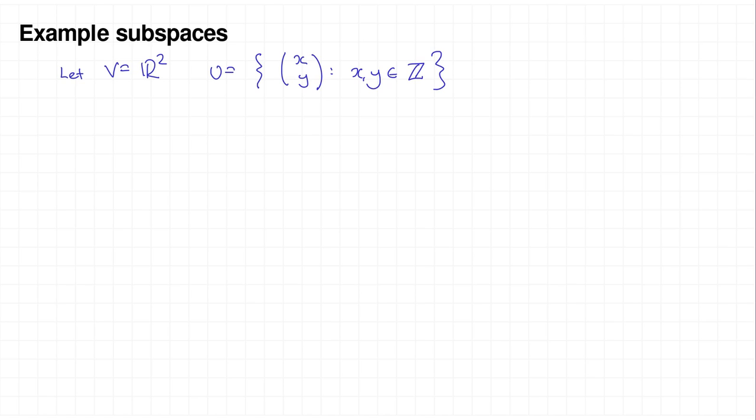So for sure that is a subset of V. And we can ask, is it a subspace? What do you think? Pause the video and try and check the definition for yourself.